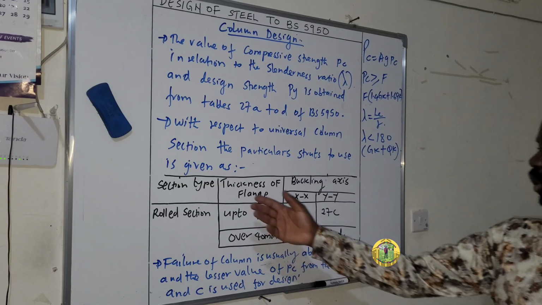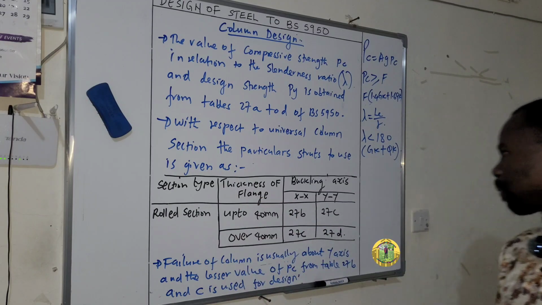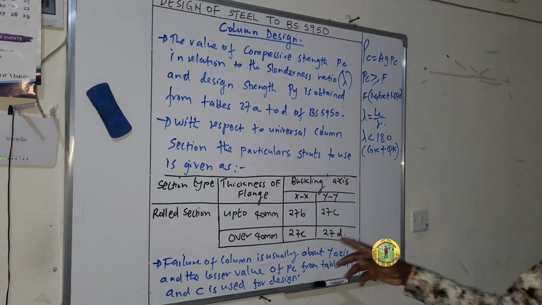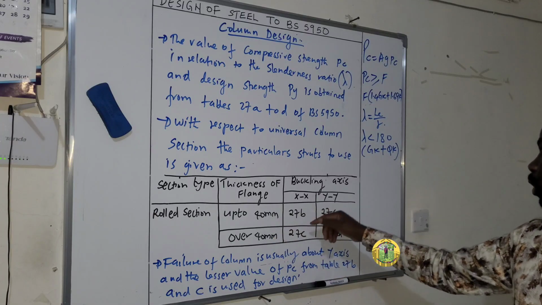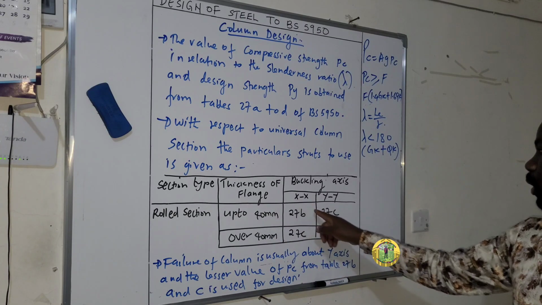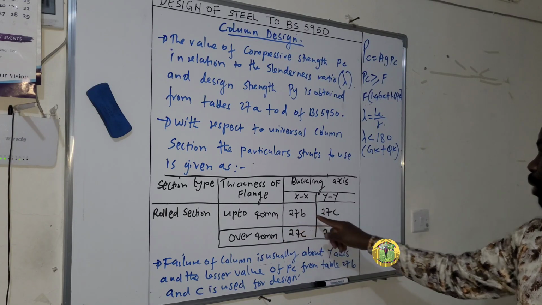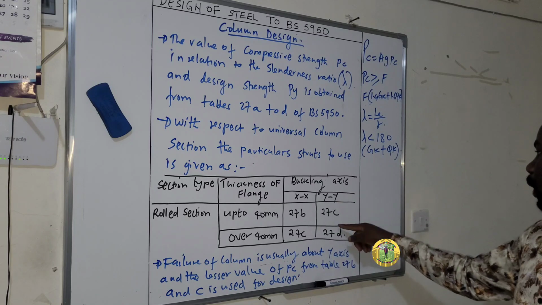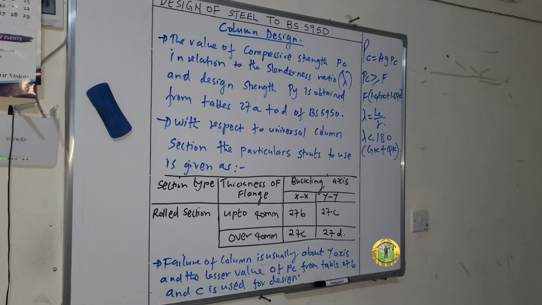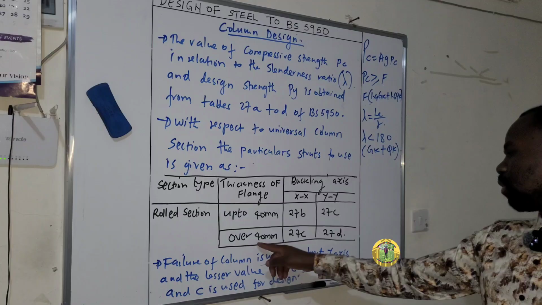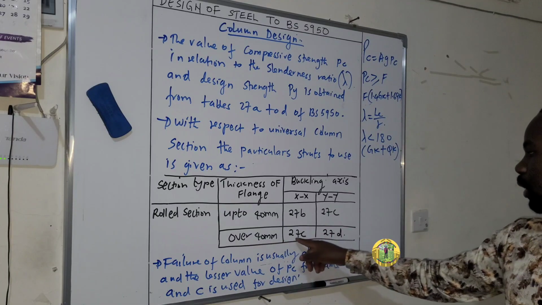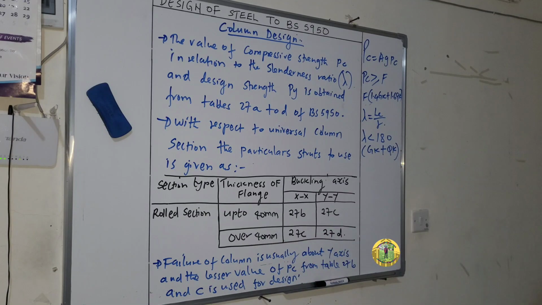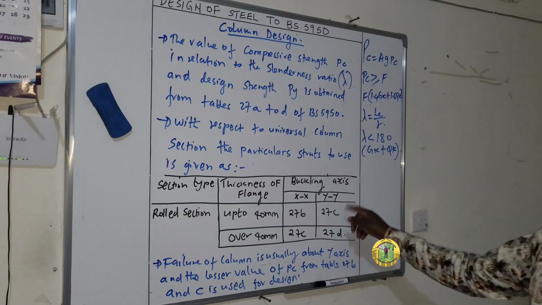We have the section type. This is the rolled section. We have the thickness of flange up to 40 millimeters. So the buckling along the XX axis will use table 27B, and YY axis will use 27C. Then we have over 40 millimeters. For the XX axis, 27C. And then for the YY axis, 27D.